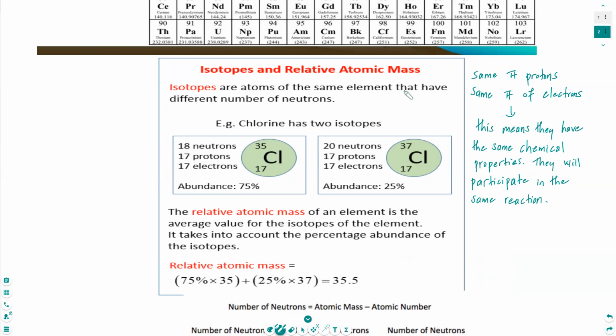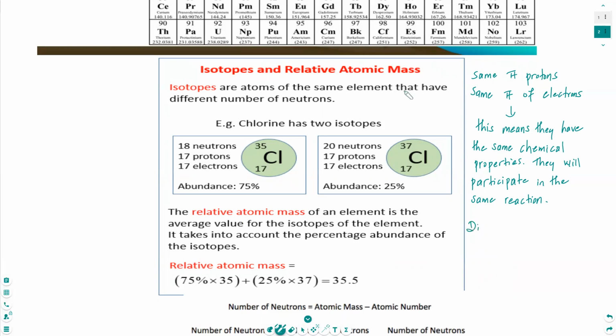Because, for example, chlorine 35 has 18 neutrons. And remember, you get the number of neutrons by subtracting the atomic number from the mass number. So that's 18. So if we subtract 17 from 37, we get 20. So you can see that chlorine 37 is a bit heavier than chlorine 35. But chlorine 35 is more abundant than chlorine 37.